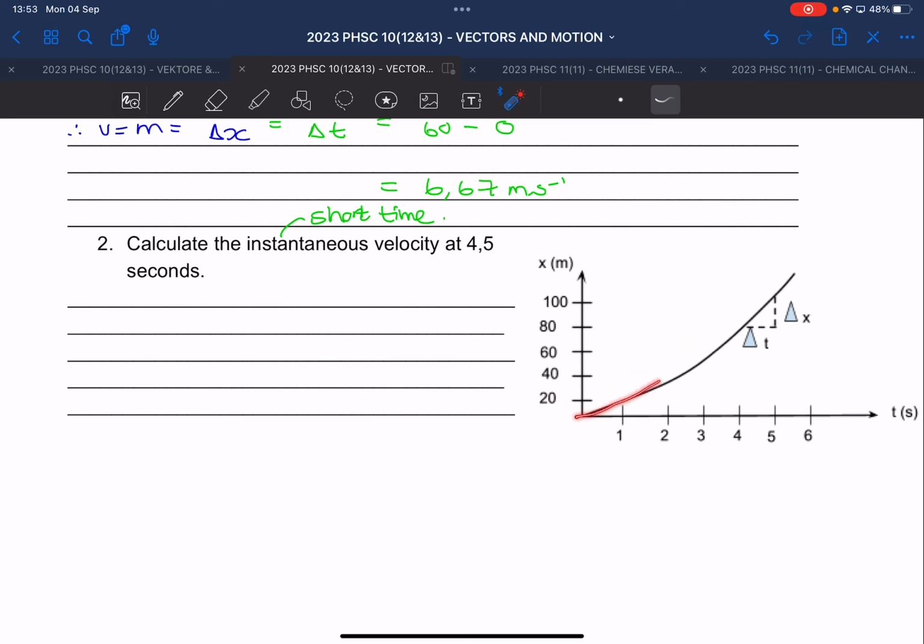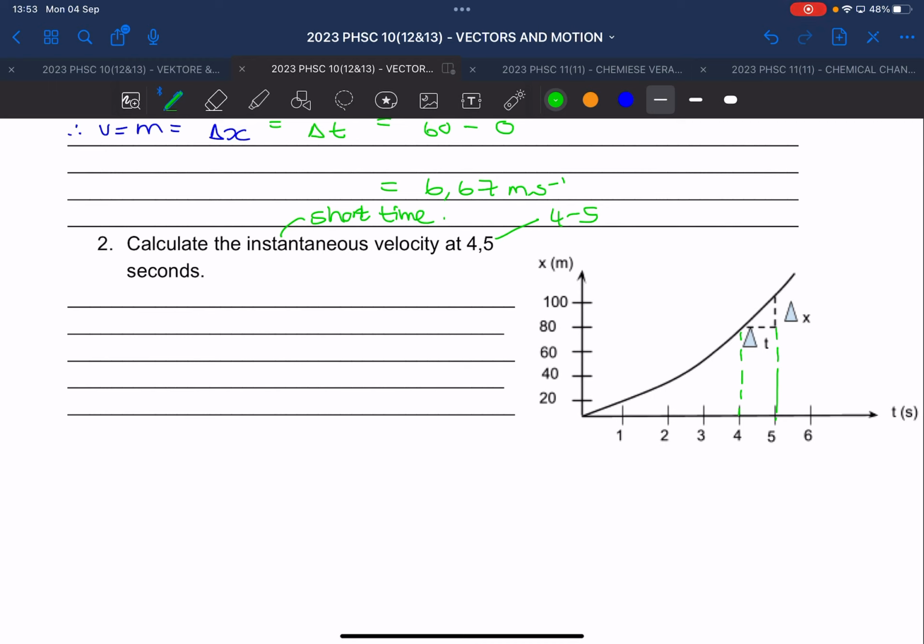So if it is curved like this, we use instantaneous velocity and we get it for a very short time frame, for 1 split second, almost. If they ask you to calculate the instantaneous velocity at 4.5 seconds, then you're going to look at from 4 to 5 seconds. So you're going to take it for 1 second, one time frame period.